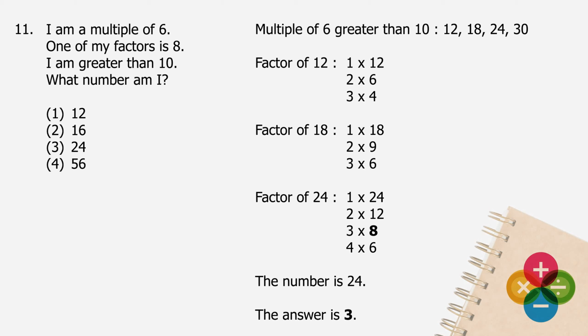The factors of 12 are 1, 2, 3, 4, 6, and 12. The factors of 18 are 1, 2, 3, 6, 9, and 18. The factors of 24 are 1, 2, 3, 4, 6, 8, 12, and 24. The number is 24. The answer is 3.